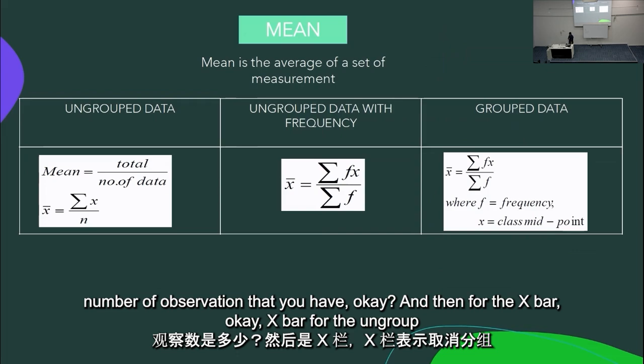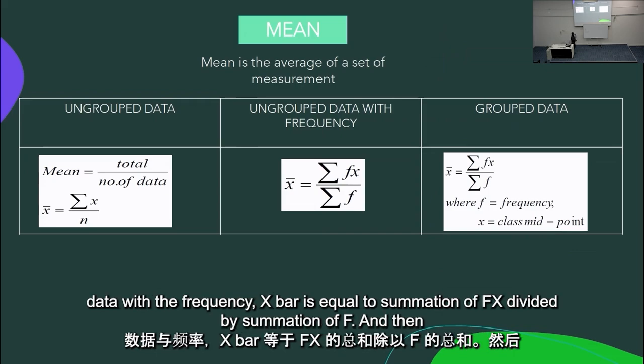For ungrouped data with frequency, X bar is equal to summation of fx divided by summation of f.